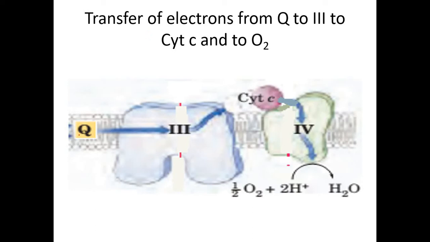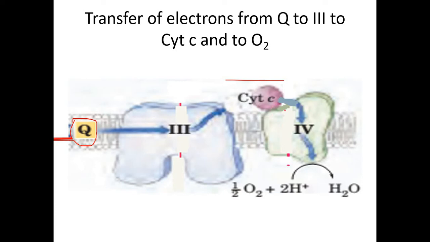So from ubiquinone the electrons are transferred to cytochrome C. This transfer is done by complex 3. Complex 3 causes oxidation of the ubiquinone and sends the electrons to cytochrome C.